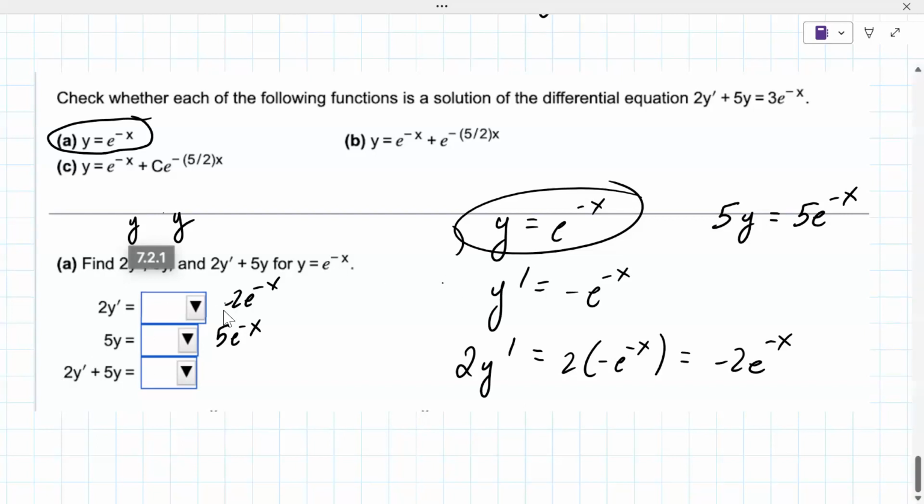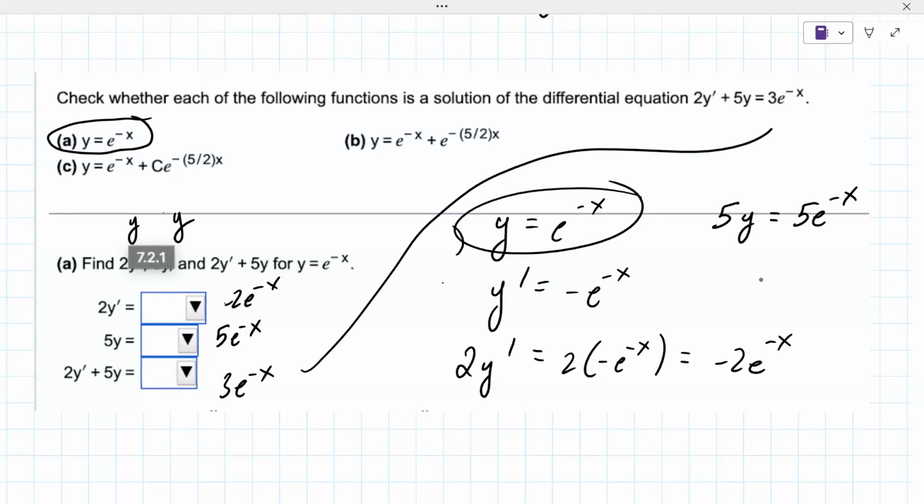The last part here is you just add these two. So it's 3e to the minus x. And then what you're asking is, is this the same as this? And it is.